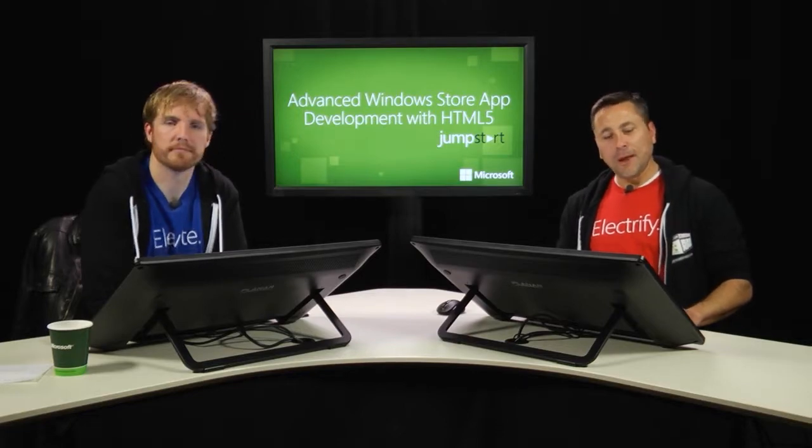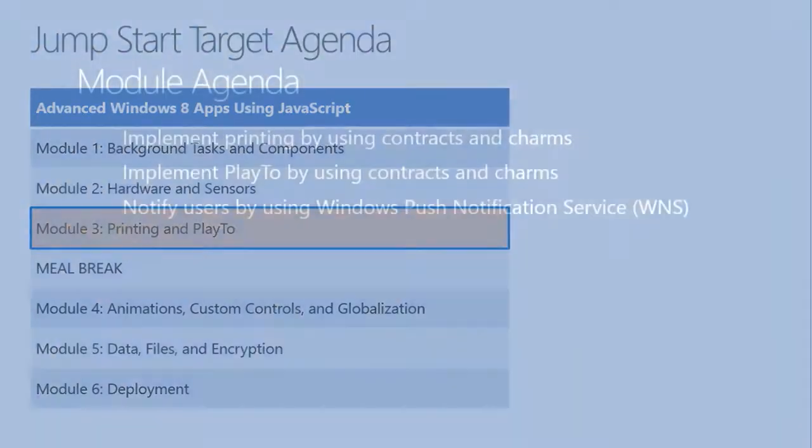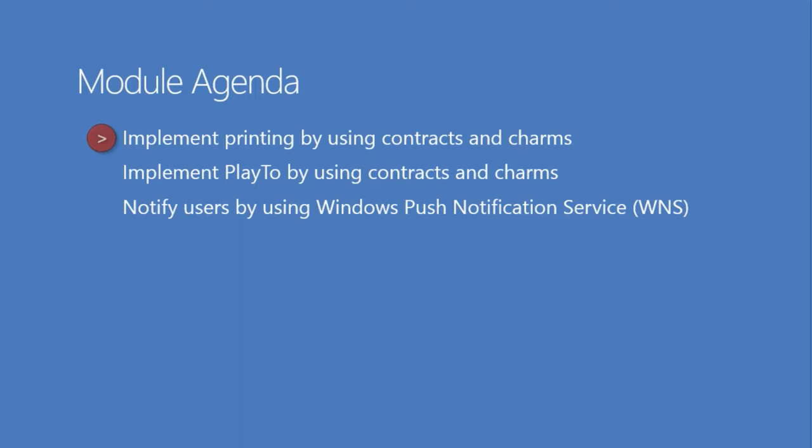You can see that Module 3 is right before our break for the midday. And although printing and PlayTo are mentioned there, we are, of course, going to cover push notifications as well, because it's on the exam. But more importantly, that one is definitely probably going to get used. For sure, as all of these could be.